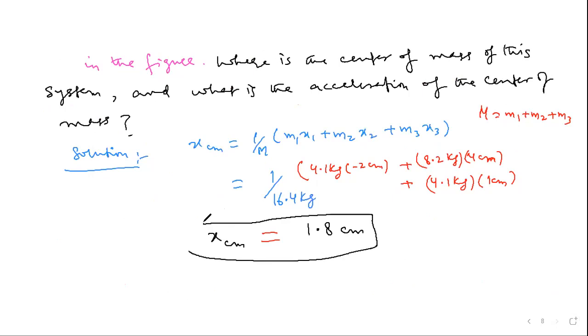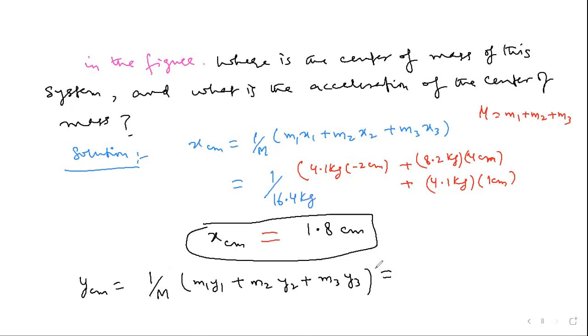This is not the full answer. I have found the x coordinate of the center of mass. Then we find ycm using 1 over M times (m1 y1 plus m2 y2 plus m3 y3). Again 1 over 16.4 kg. Let me use another color.